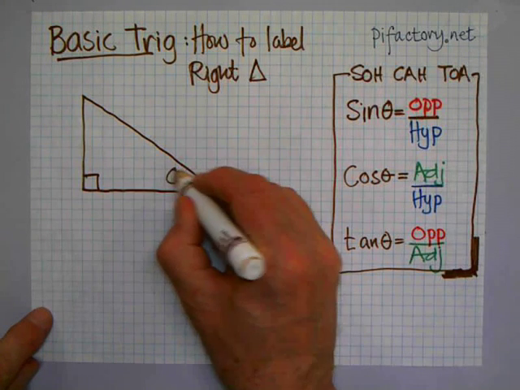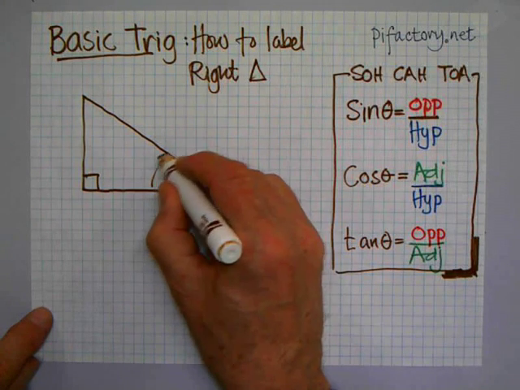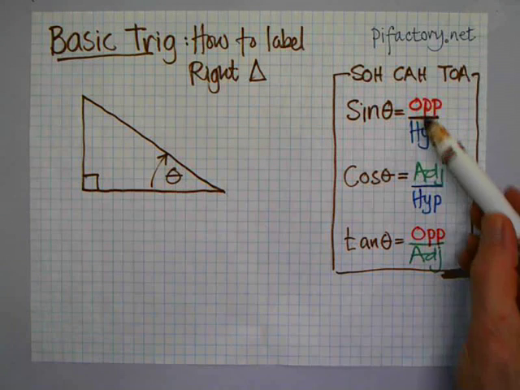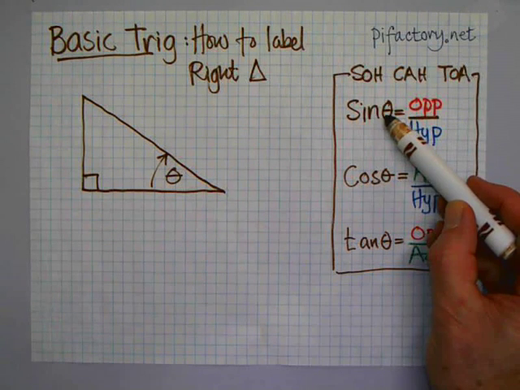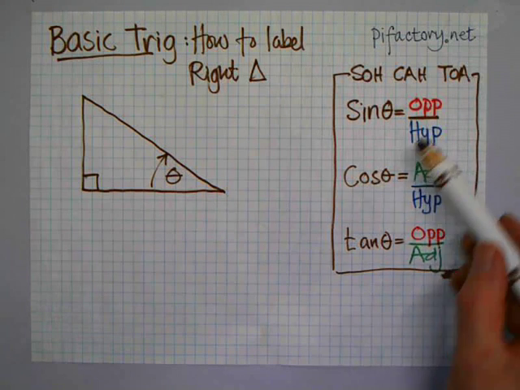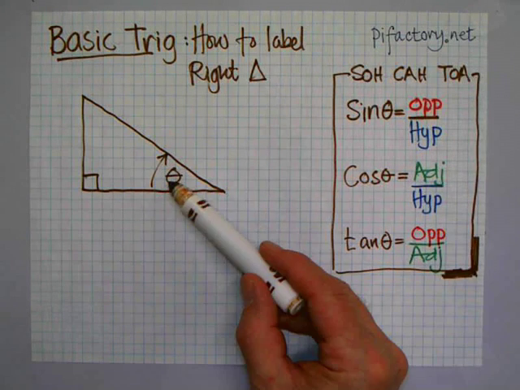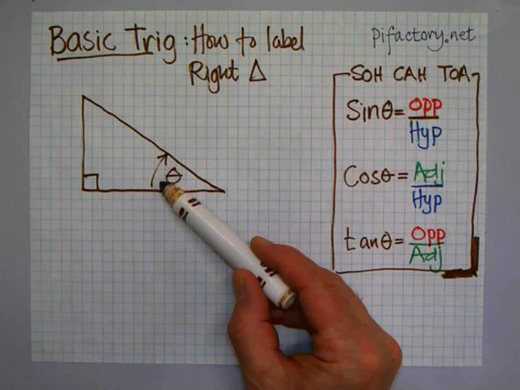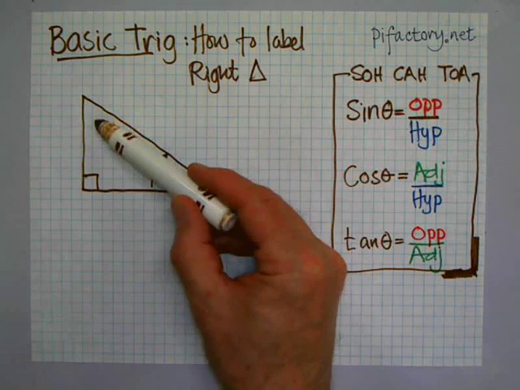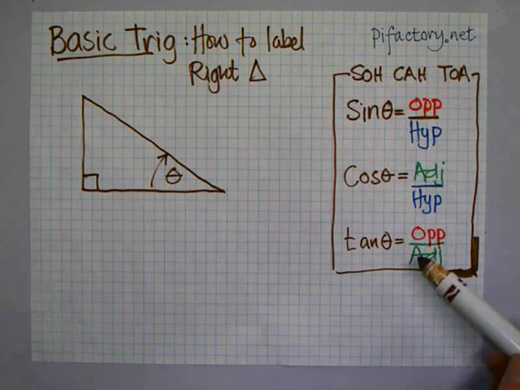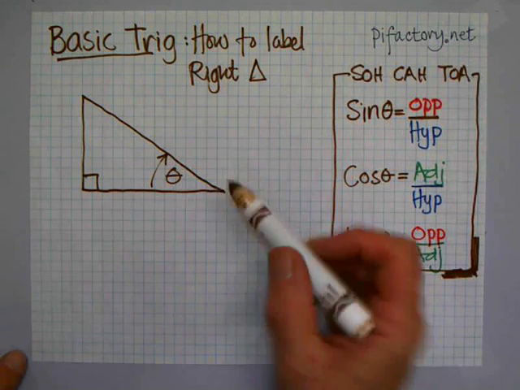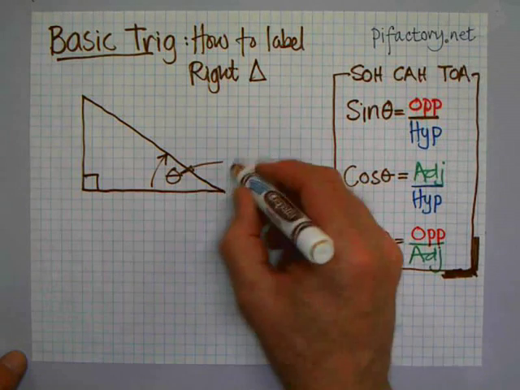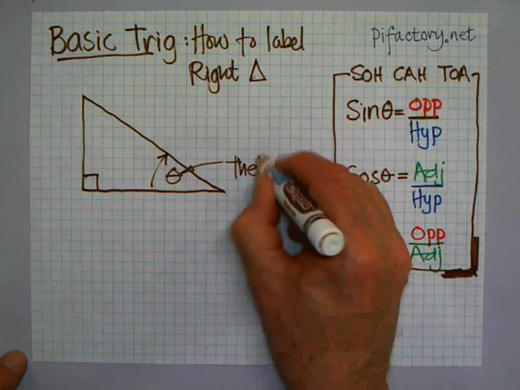And let's say that this is the angle which we're interested in. These sides are all going to be relative to this angle, where this angle is. So this is the confusion, that as we move this angle, say, and we become interested in here, all of these change. So we use theta, the Greek letter.